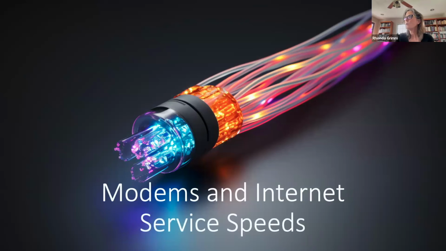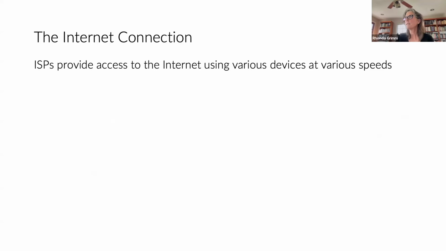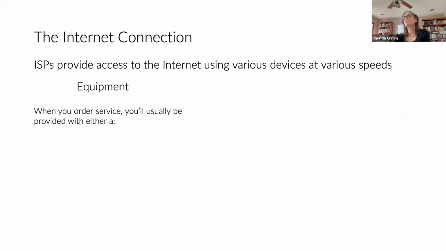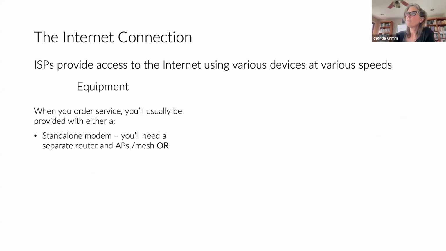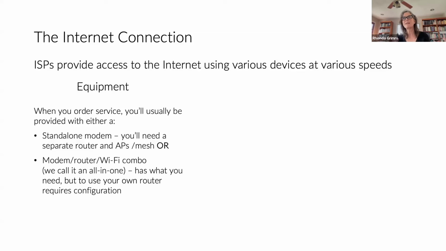And then we've got modems and internet service speeds. When you order service from your ISP, they're either going to give you a standalone modem, in which case you'll need a separate router and APs or mesh, or they're going to give you a modem, router, Wi-Fi combo. We call it an all-in-one, but it has what you need. Then you can use your own router if you'd like, though it requires some configuration.